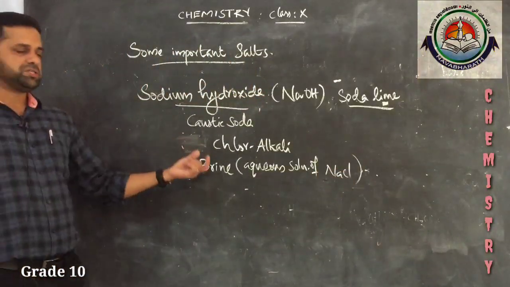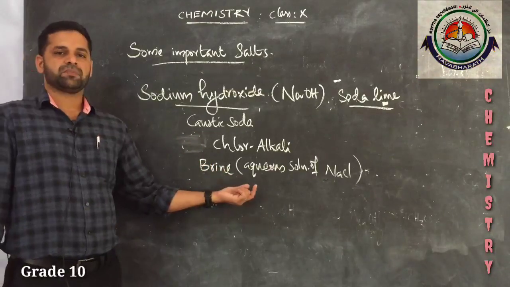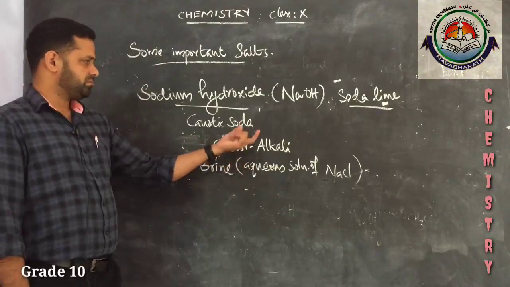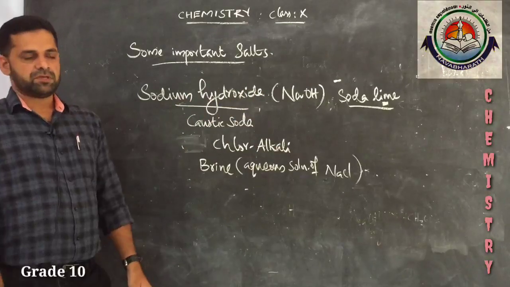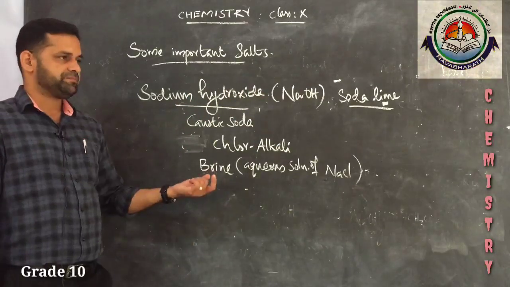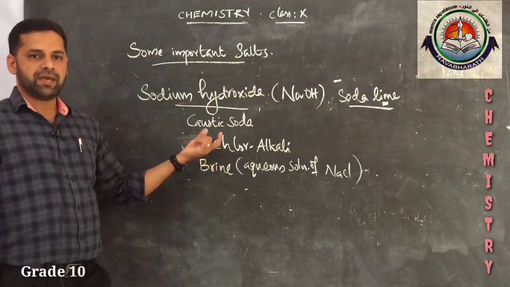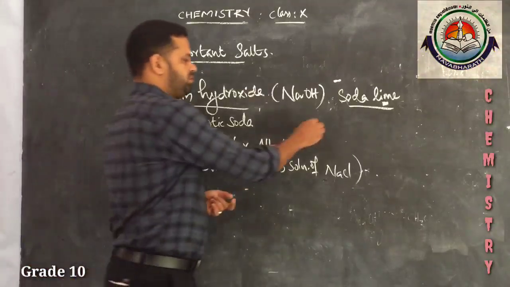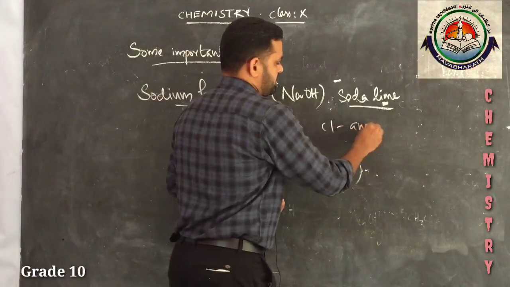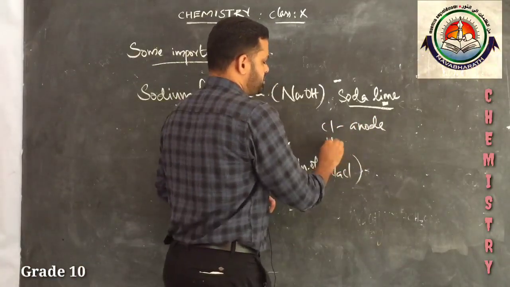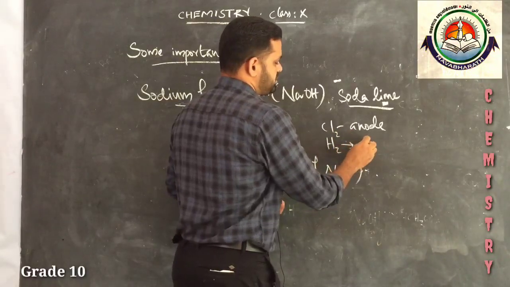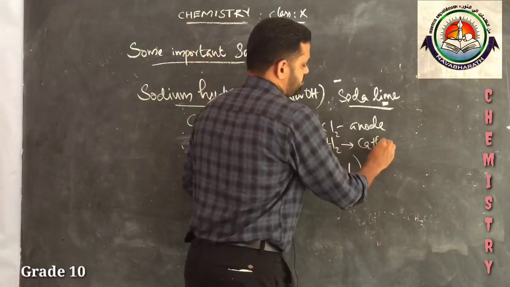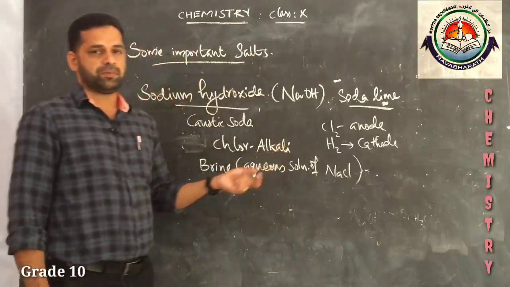So, by electrolysis of brine, we can prepare sodium hydroxide. During electrolysis of brine, chlorine is formed at the anode, and hydrogen is produced at the cathode along with the sodium hydroxide.